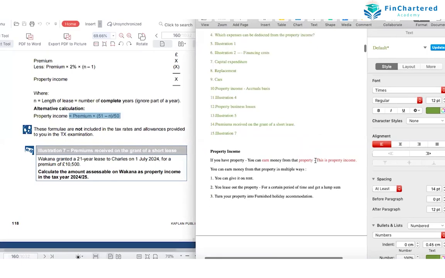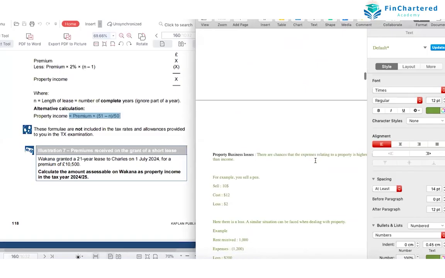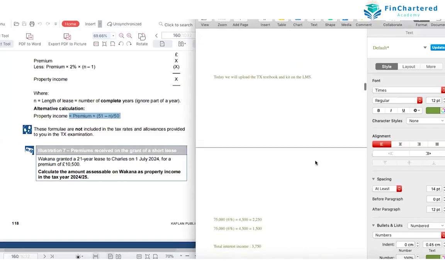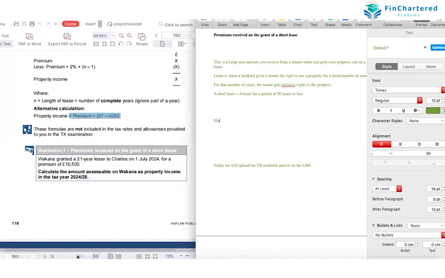Illustration 7. Wakana granted a 21-year lease. So here automatically N is 21, and this is a short lease because it's less than 50 years. The premium is given as 10,500.